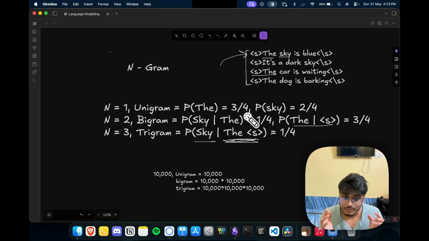So you have to think and choose what is the best one to use. Most of the time we use bigrams because this is a moderate thing you can do. Remember, if you are calculating more grams, you might get good results.